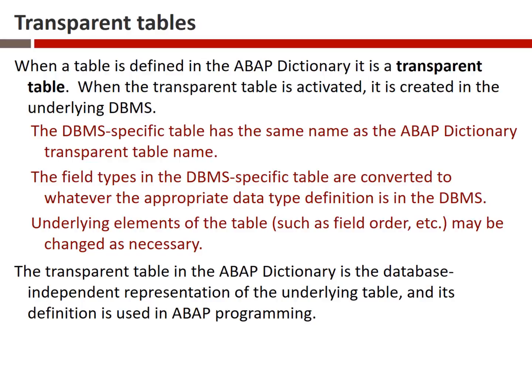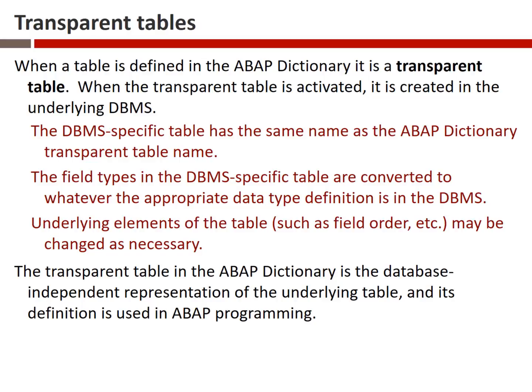So we have this idea that our definitions of our database tables, all of the metadata, all of the field definitions, all of the descriptions, we find those in the ABAP dictionary, which if you think about it, means that all of our interactions are based on things that happen on the application server level.